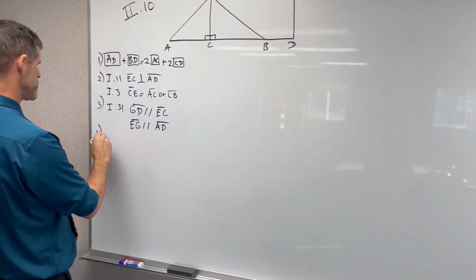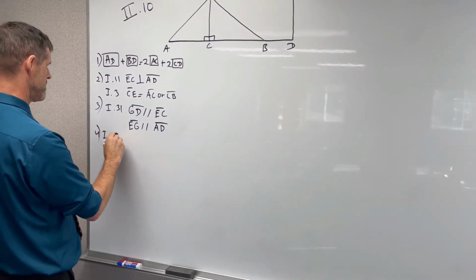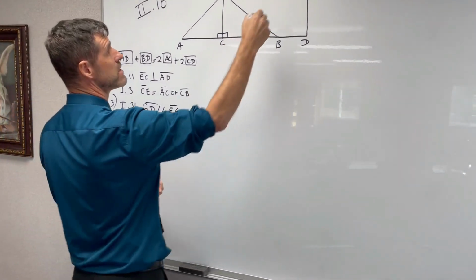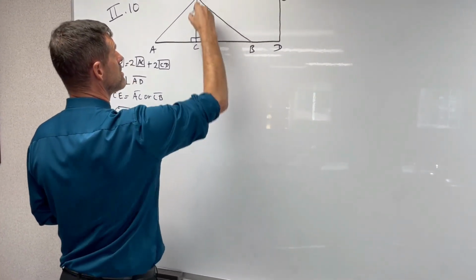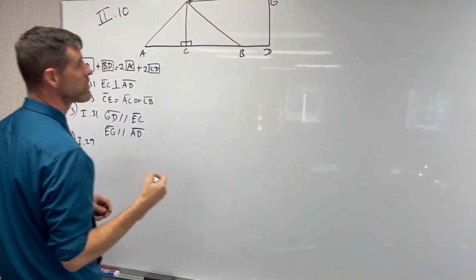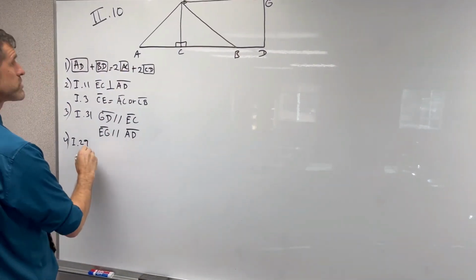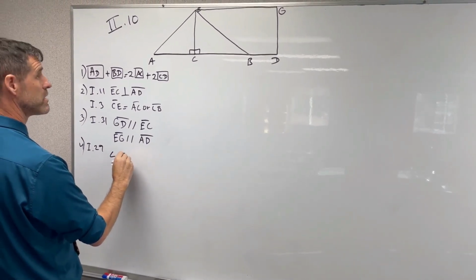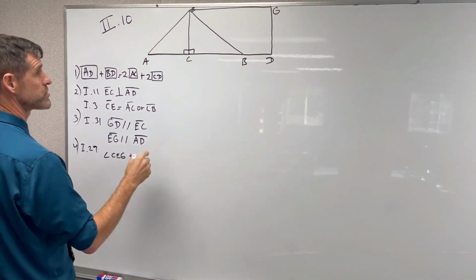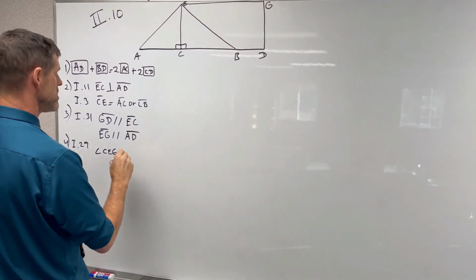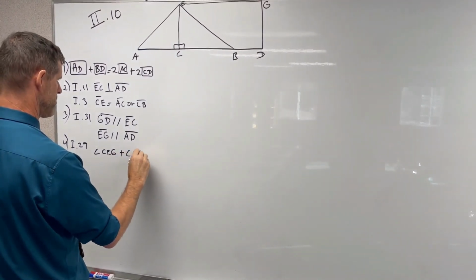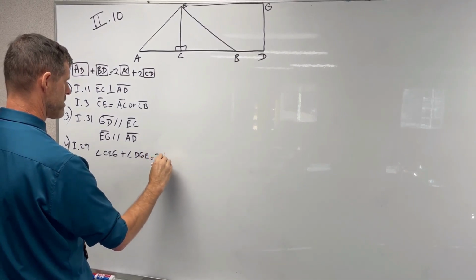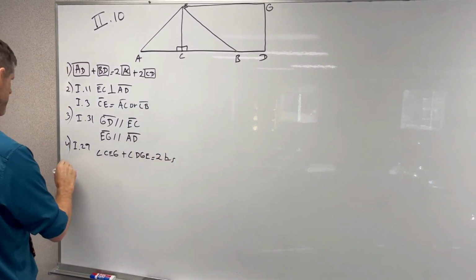Now we know from Proposition 29 that the angles DGE and CEG are going to be equal to two right angles. We can say that angle CEG plus DGE equal two right angles.